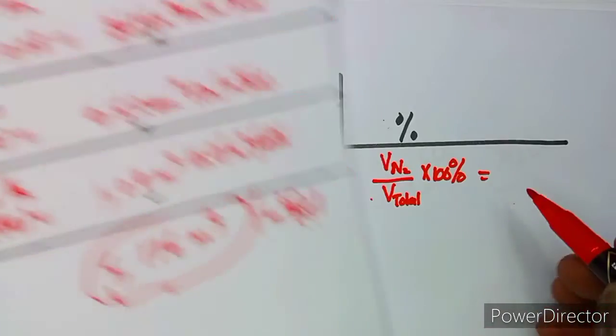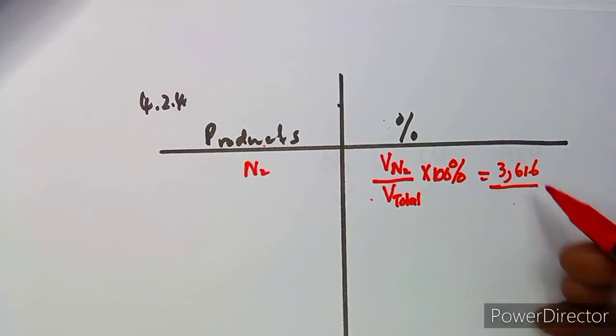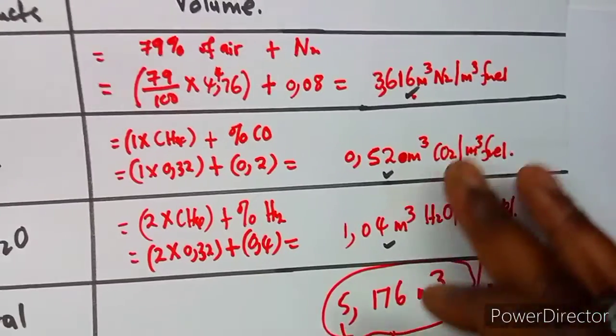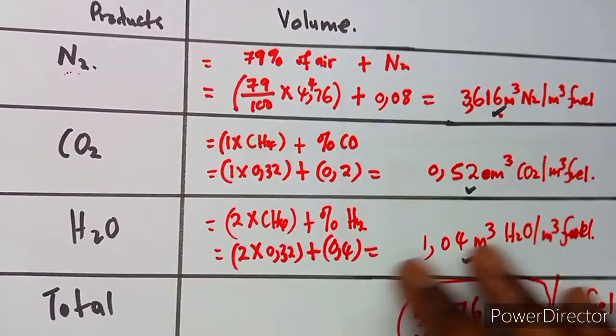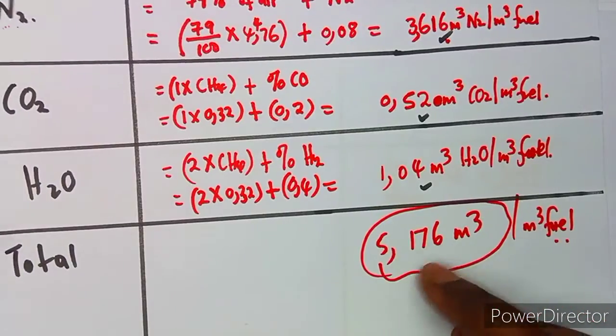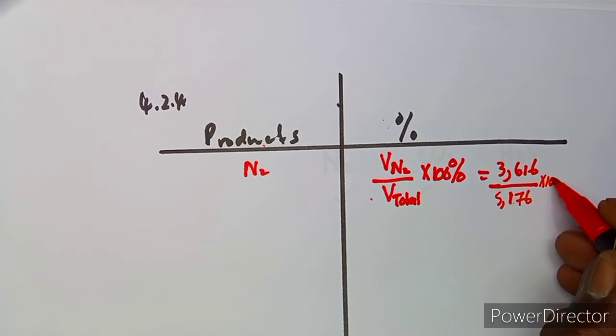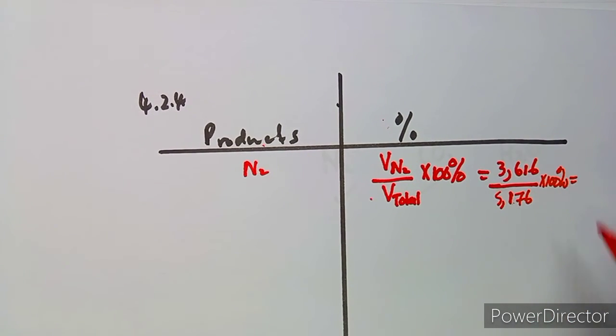So the volume of nitrogen is 3.616 over the total volume, this one that you added, where you added these three products. You obtained 5.176 times 100%, and this is going to give us something like 69.